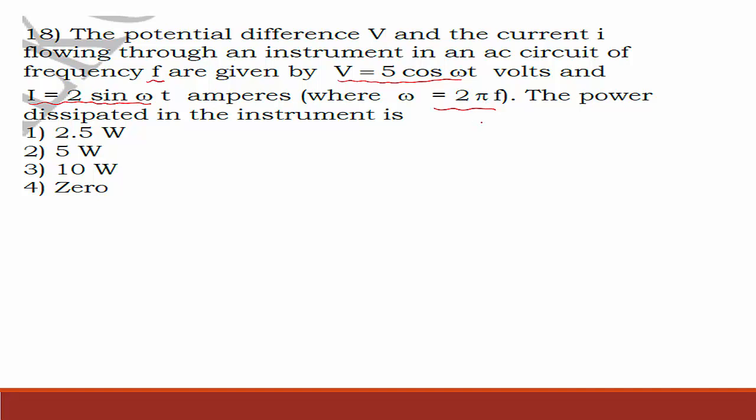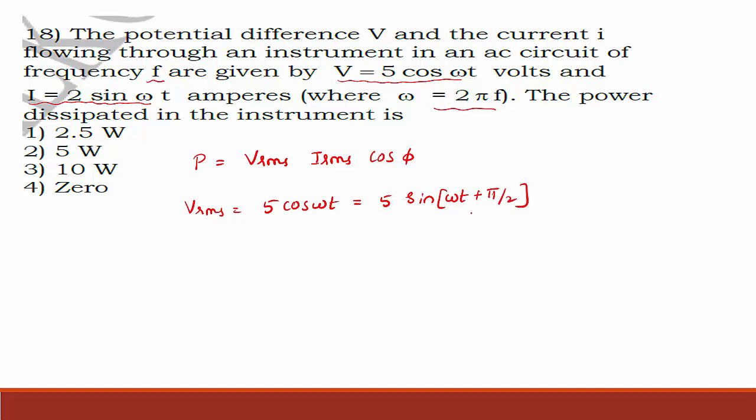The power dissipated in the instrument is, see here we have the equation power, P equal to V RMS into I RMS into cos phi. Here V is given as 5 cos omega t, or we can write it as 5 sin of omega t plus pi by 2, that gives cos omega t, in terms of sine function.